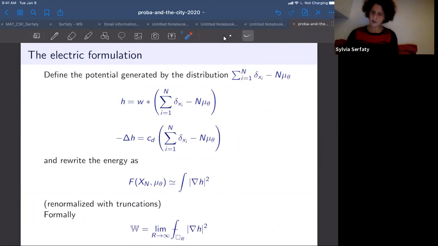And so let me forget about this truncation, which is a sort of renormalization, and let me do as if it's this. Now I can give you a formal definition of the W I was using before. W is just the limit of these integrals per unit volume.